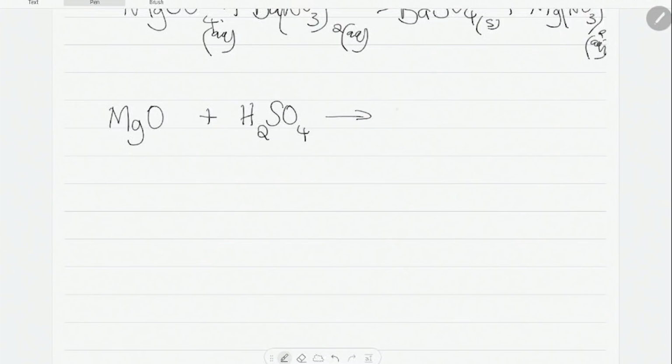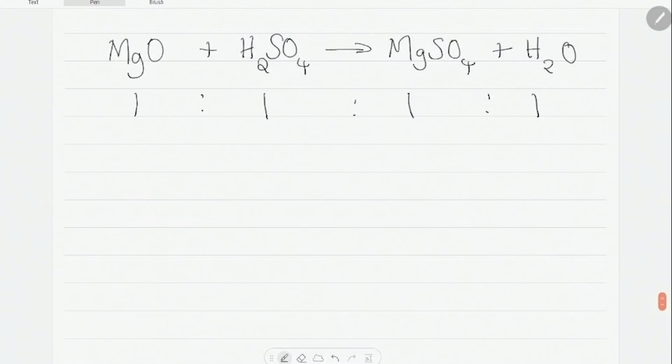This will give us magnesium sulfate plus H2O. We check if our equation is balanced. Yes, the equation is balanced. When we take the mole ratios, it will be 1 to 1 to 1 to 1. So mole ratio is 1 to 1. And when mole ratio is 1 to 1, that makes our job even easier.